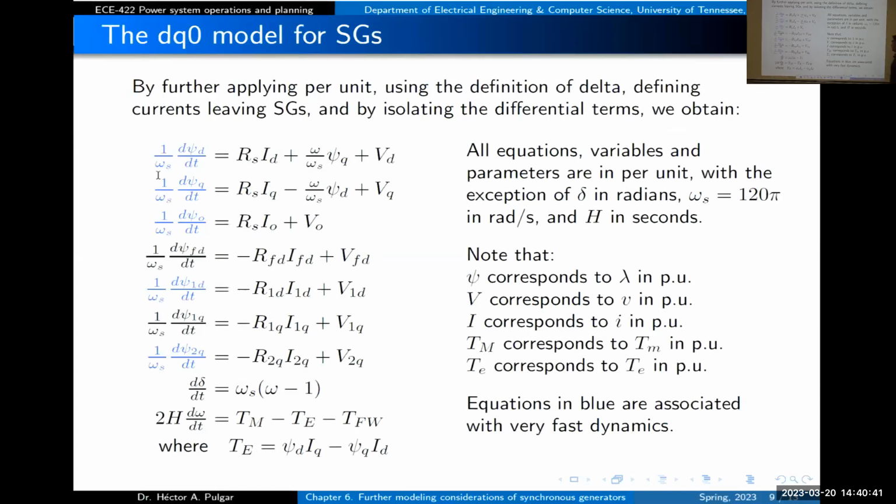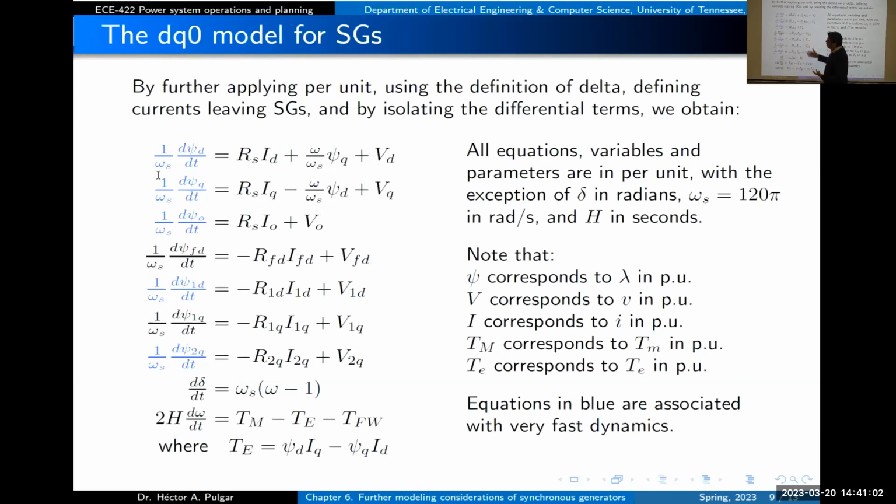Okay, but we are engineers. We don't want to do complicated things when they're not necessary. We want to solve complicated problems with simple tools and models. So these can still be simplified. So what is the simplification?